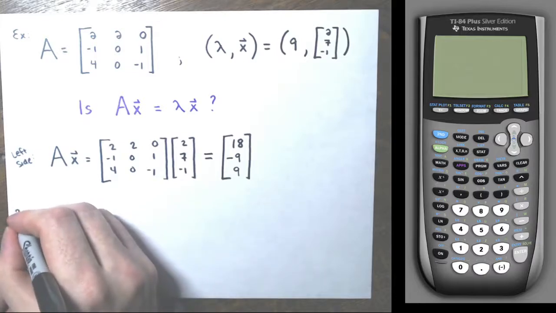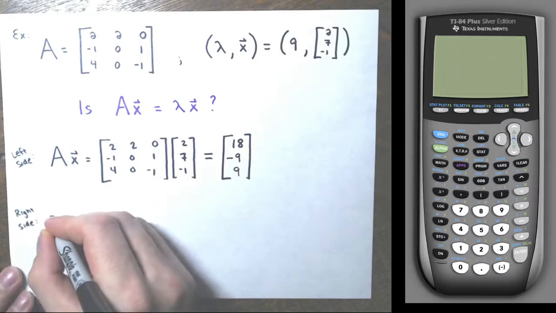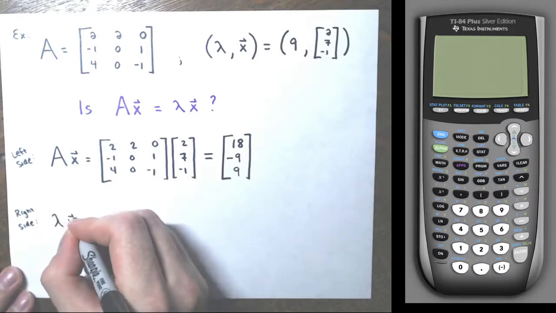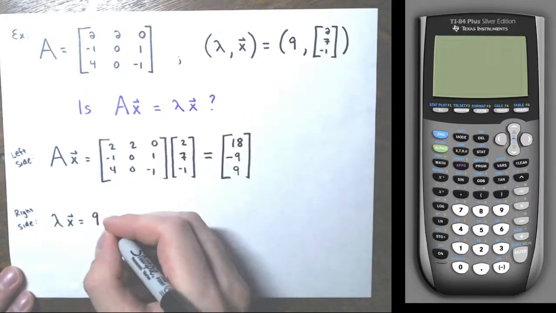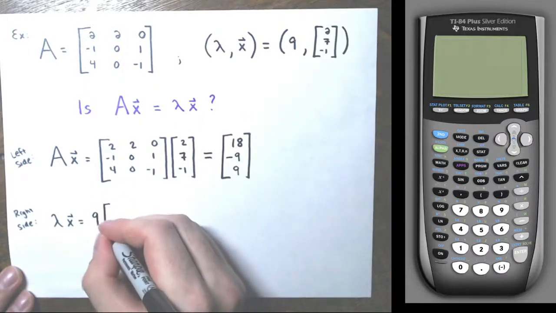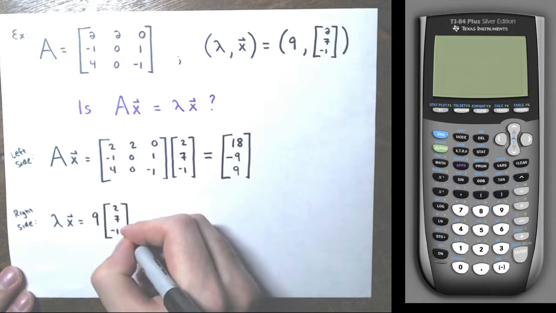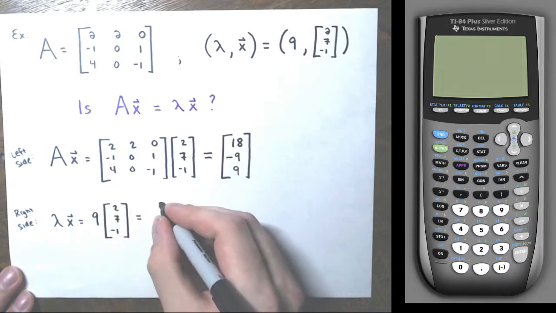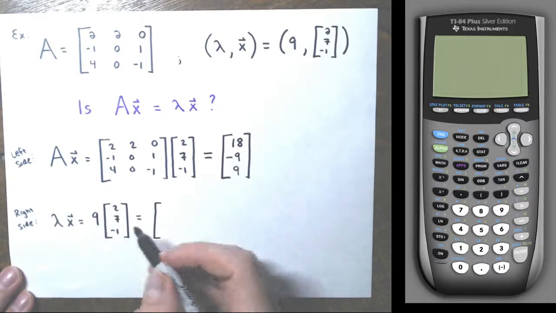Let's look at the right side of the statement. The lambda times the vector, the scalar times the vector. Now the scalar given here is 9. 9 times the vector x, and the vector was 2, 7, -1. In multiplying this vector by this scalar, just multiply each component by 9.